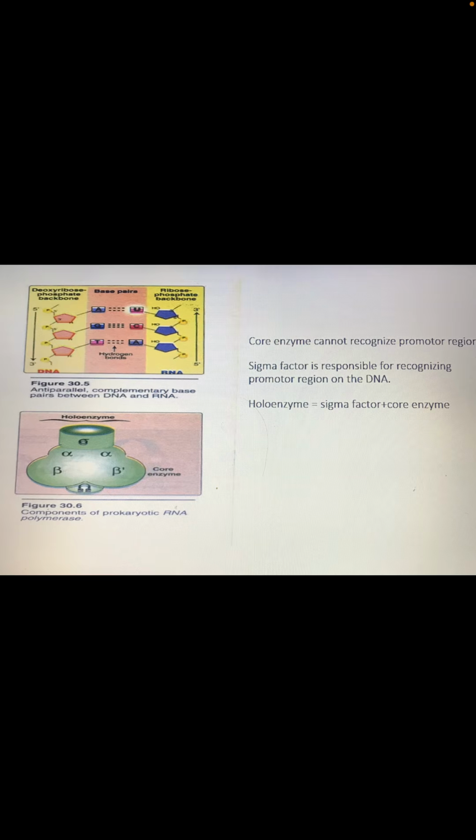And the sigma part of this RNA polymerase is an identical unit, which when in combination with the other parts of the RNA polymerase is called a holoenzyme. So we can say that holoenzyme is equal to the sigma factor, which is the upper mouth of the RNA polymerase, plus all the other 5 subunits.